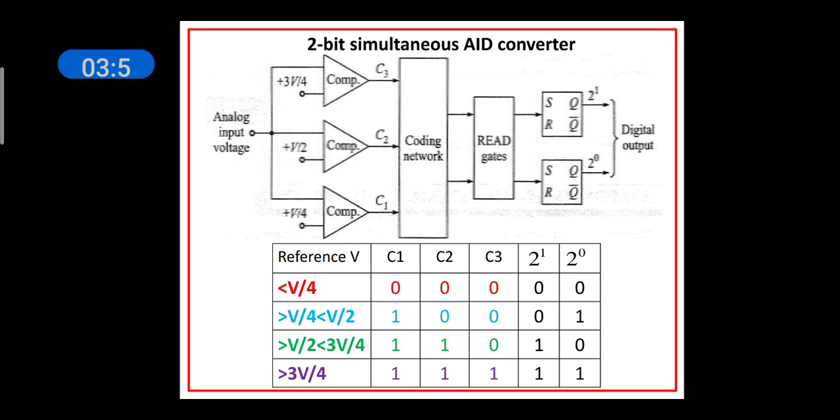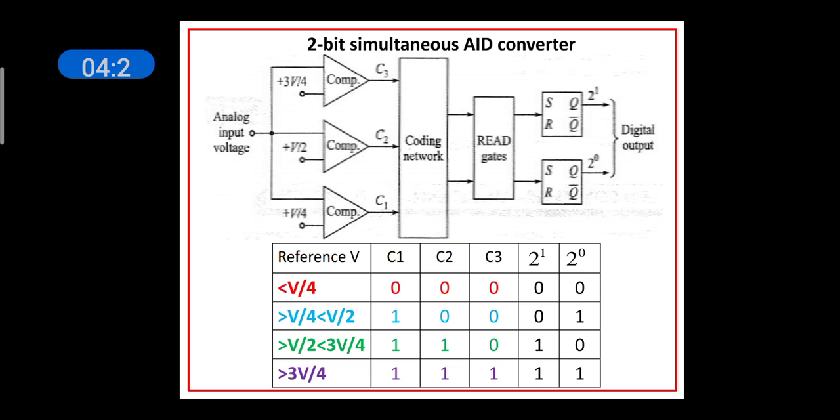Whenever the analog input voltage is greater than V by 2 but less than 3V by 4, the first two comparator outputs C1 and C2 are 1, C3 is 0. Whenever the analog input voltage is greater than plus 3V by 4, all the 3 outputs C1, C2, C3 are 1. This is shown by the last row in the truth table.